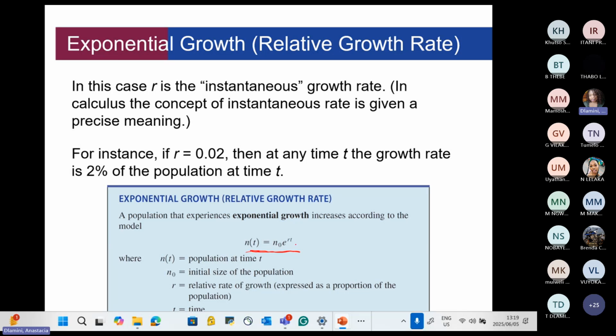Do you see that we no longer have 2 here, we have e here. Now they say N(t) is the population after time t, N0 is the initial size of the population, r is the relative rate of growth expressed as a proportion of the population, and t is the time.